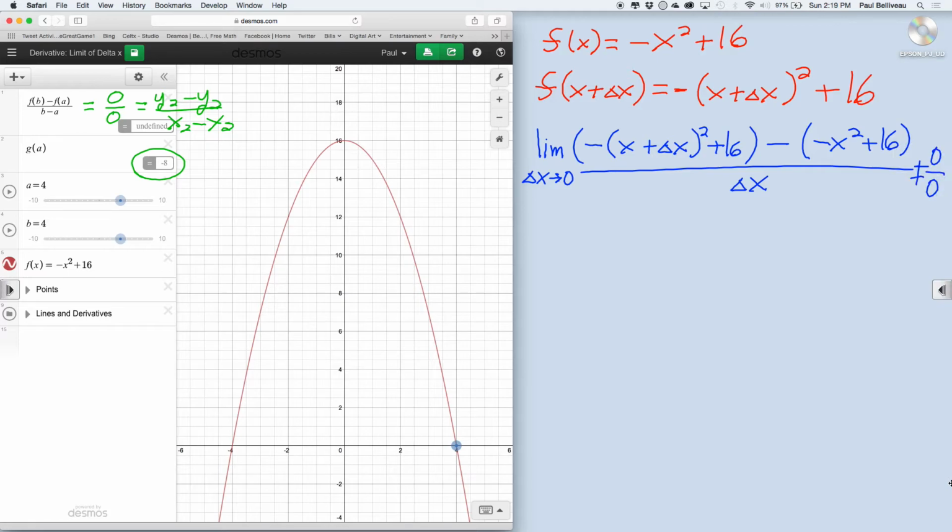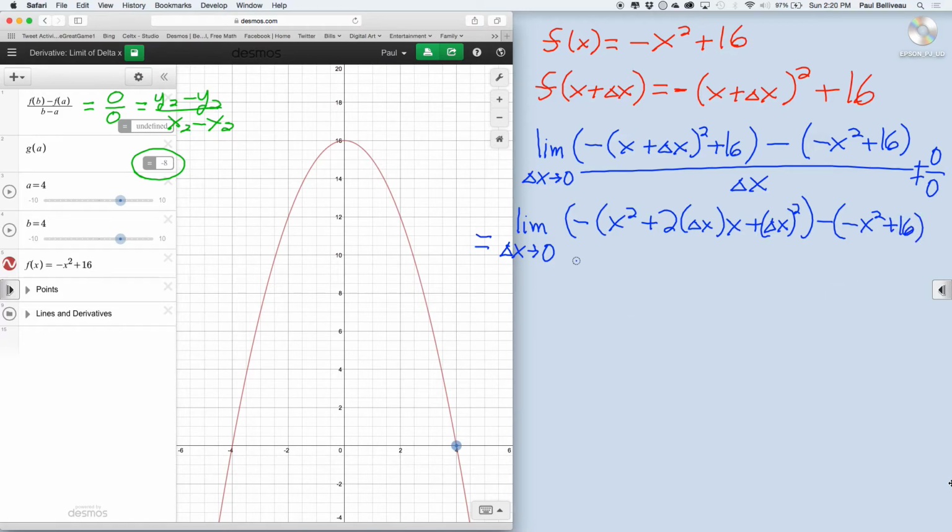Okay, well, luckily we've been practicing expanding things lately, so I'm hoping that fairly quickly you can see that another way to write this limit is the limit as delta x approaches 0 of negative x squared plus 2 times delta x times x, plus delta x squared, minus negative x squared plus 16, all over delta x.